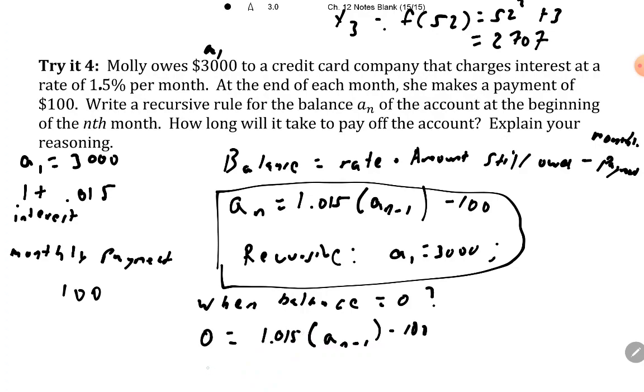Add 100 over, divide by 1.015, and that'll tell us 98.5 months, which is about 8.2 years.